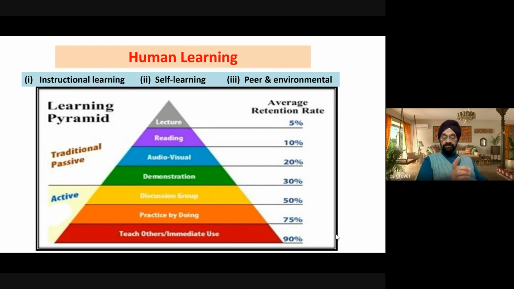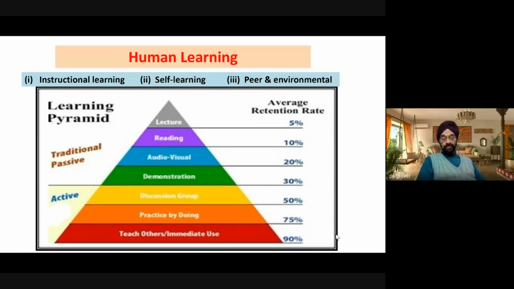A human being learns by his self efforts also. He learns from his environment, from his colleagues. So human learning has three origins: instructional classroom teaching, his own efforts, and what he learns from the environment.